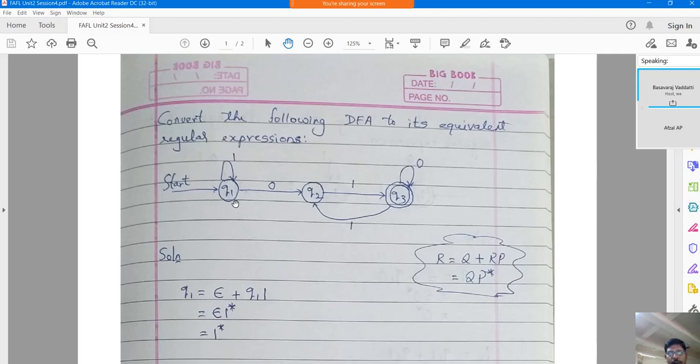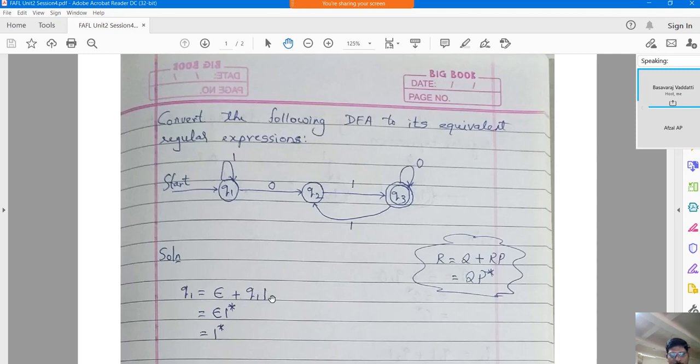Q1 is the start state in this particular DFA. Then what equation will I write now? Look at here, Q1 equals epsilon plus. Epsilon will come only to the start state of the DFA, plus Q1 1.